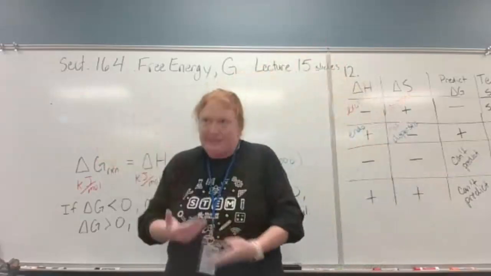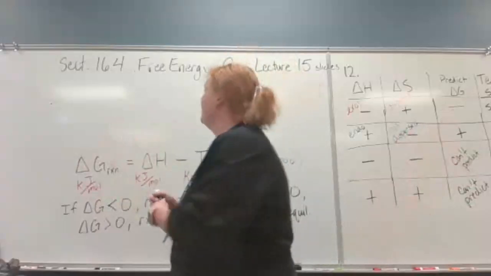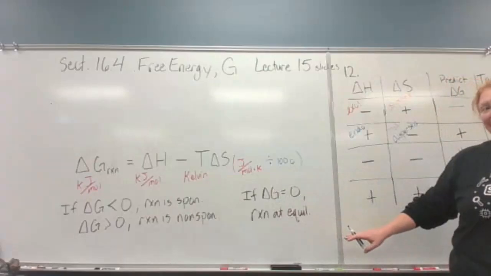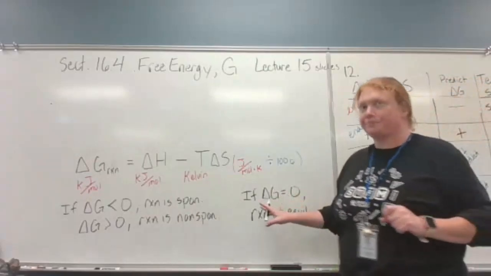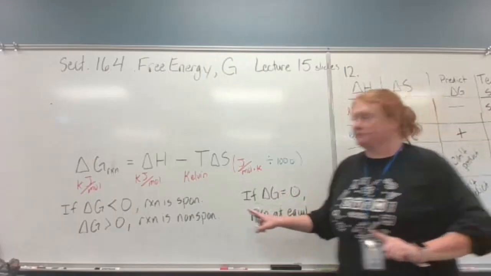If it's not a phase change, we can still calculate equilibrium temperature. The easiest way for us to do that here is remember, if we're at equilibrium, what is true? Delta G equals 0.